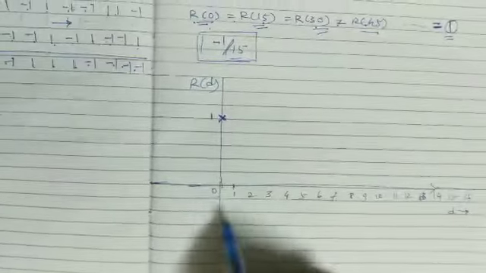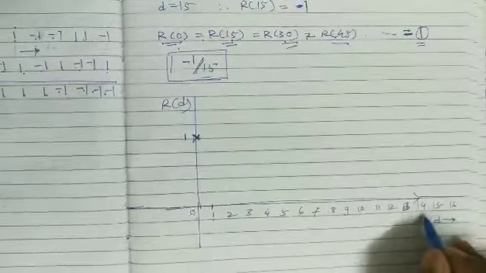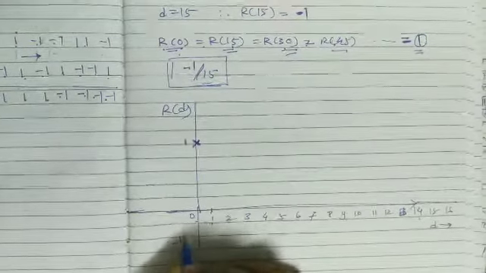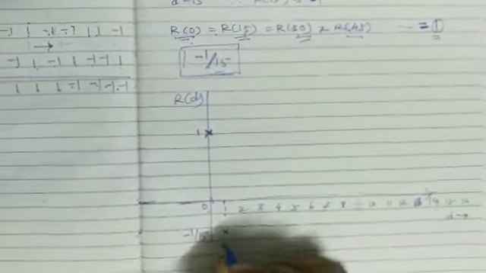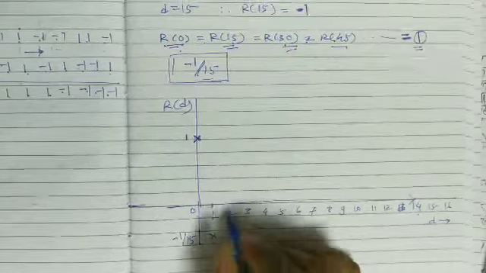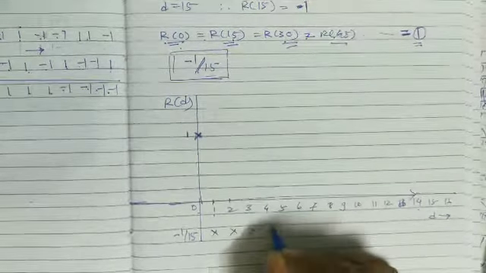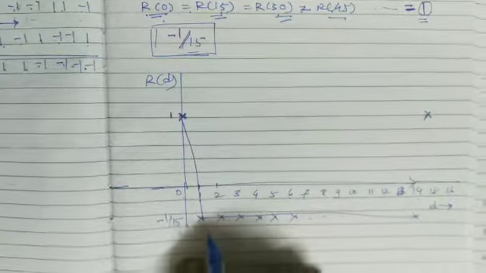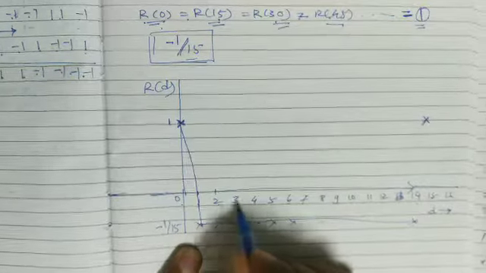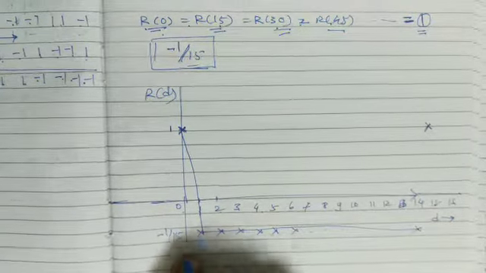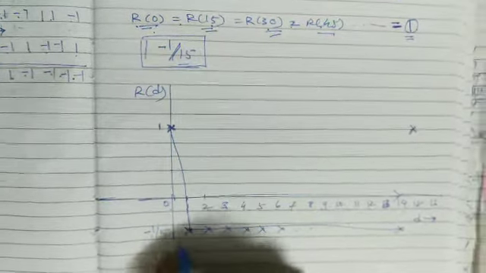For the rest of the points, that is from 1 to 14, we are getting the value minus 1 by 15. So here also we will get minus 1 by 15. Here also, that is at 2, we will get minus 1 by 15. At other instants like 1, 2, 3, 4 up to 14, we will get minus 1 by 15.